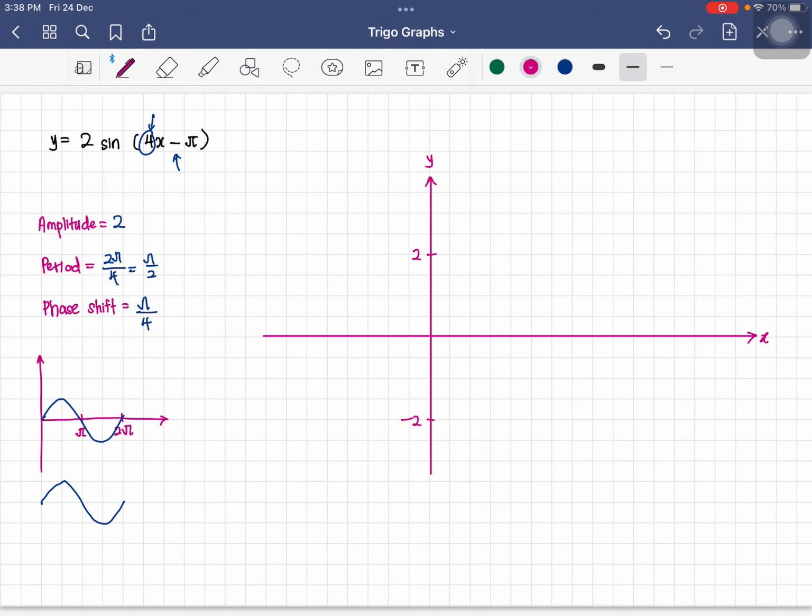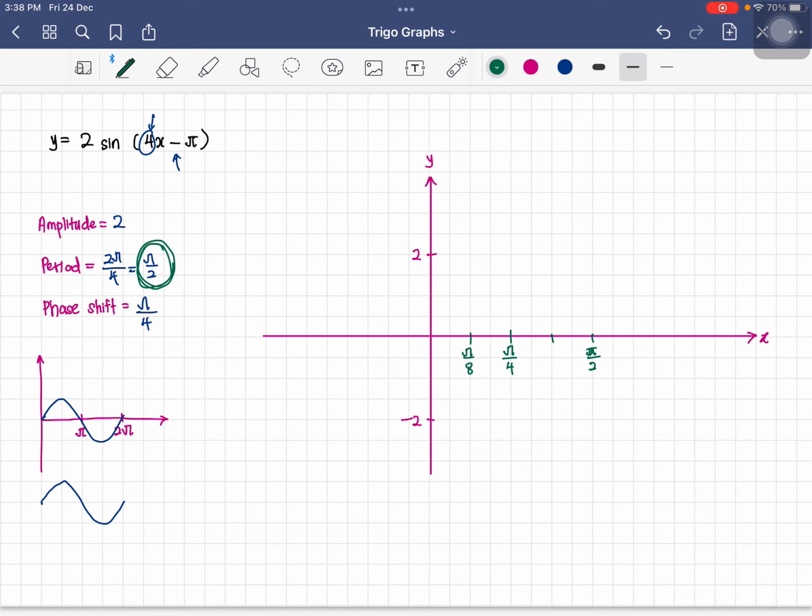Basically we want to have one complete cycle of this sine graph within pi over 2. So maybe I can divide this into, let's say, pi over 8, then pi over 4, and then I have this one as pi over 2.